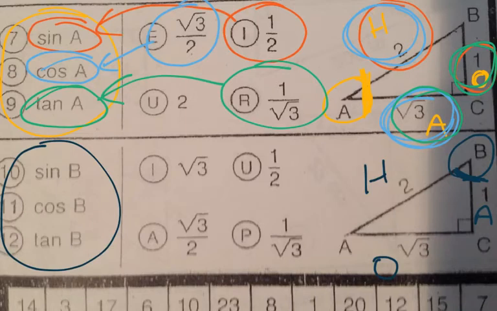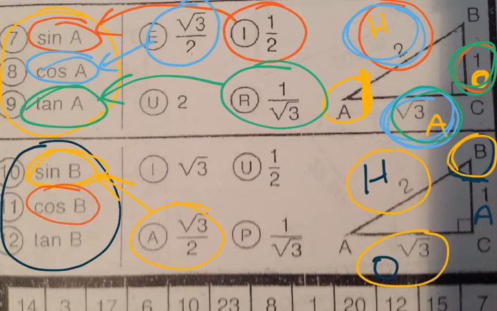But anyways, let's just go through it again. Let's start with yellow. If they want the sine of B, well, B is up here. What does sine of B mean? It means the opposite over the hypotenuse: square root of 3 over 2. Follow the red. If they want cosine of B, with B up here, what does cosine mean?